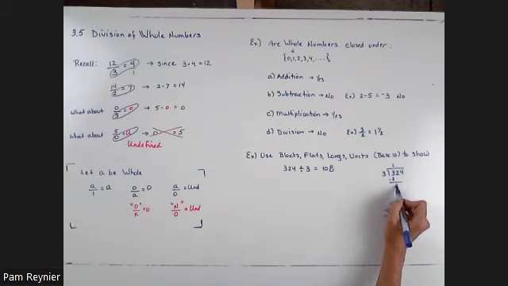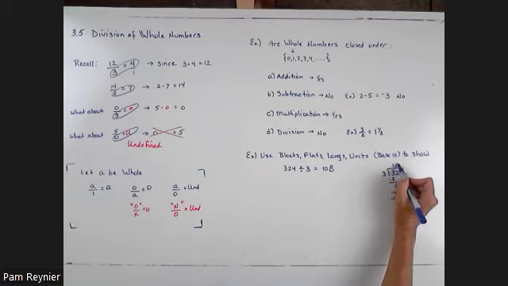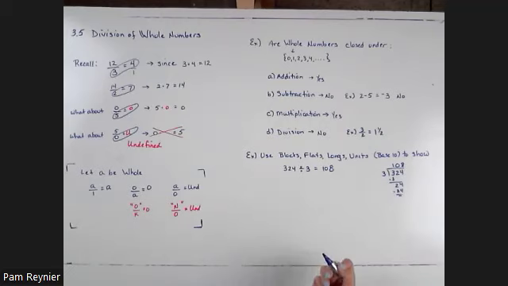Bring this down. 3 cannot go into 2. Bring down the 4. 3 goes into 24 8 times. So that's our standard model that we grew up with. Let's model that using blocks, longs, units, flats if necessary.